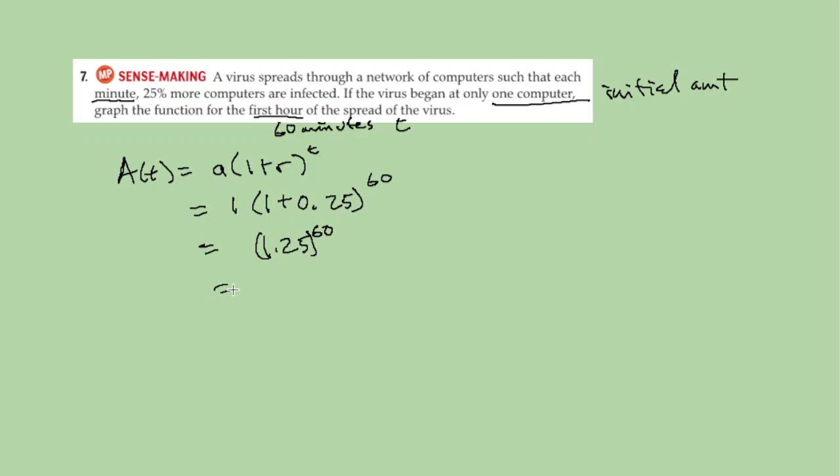Now remember, the virus began in one computer, right? So let's see, if a virus starts in one computer and is growing truly that quickly, how many computers, make a prediction, how many computers do you think are affected? Do you think it's going to be like 100? Or what do you think it's going to be?